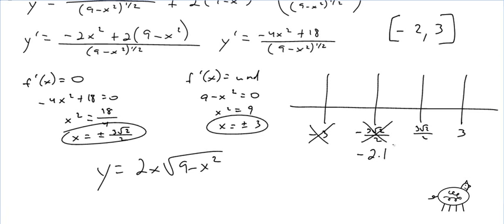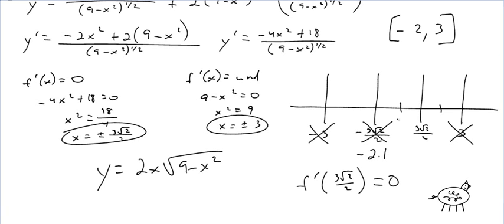But I got another issue here, right? I'm not even looking at this one here either. Why? It's an endpoint. It can't have a relative extreme at an endpoint. So really, out of all 4 of these, the only one that's going to really be a candidate is 3 root 2 over 2. Okay? And f prime of 3 root 2 over 2, of course we know that's 0, but I'm going to check on either side.